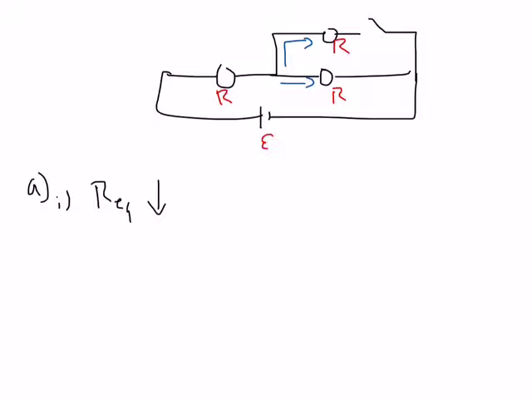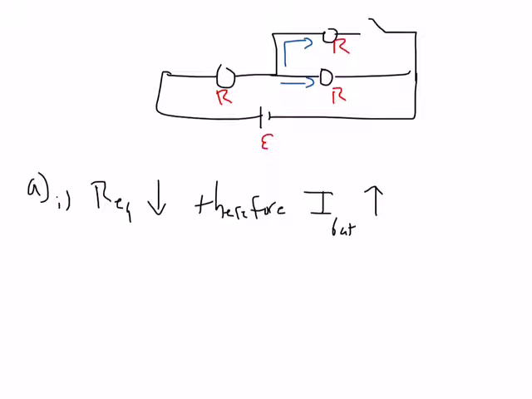You can calculate it exactly, but since this is a qualitative explanation of the reasoning, we don't need that number or that equation yet. All we know is that if we give the current more paths, we have to lower the equivalent resistance. Then, because the battery EMF remains constant and our resistance goes down, the current coming out of the battery must go up. That's from Ohm's law.